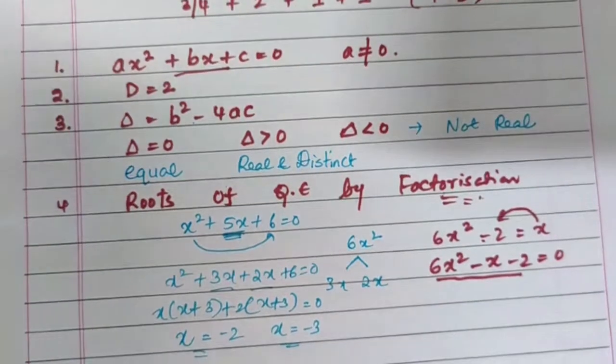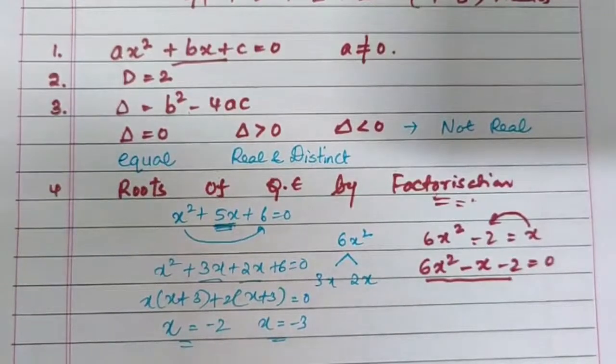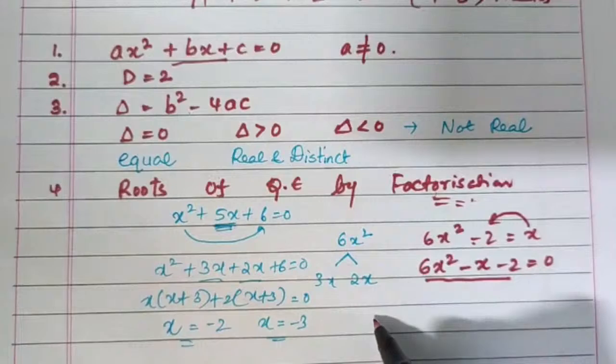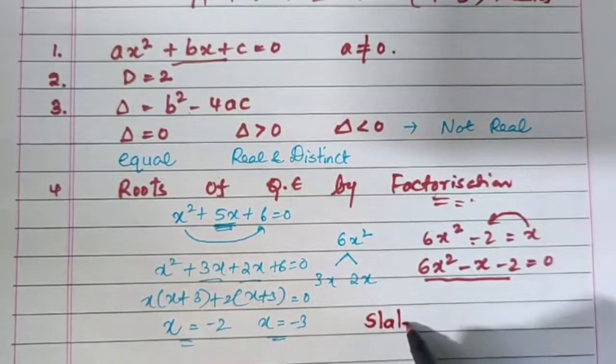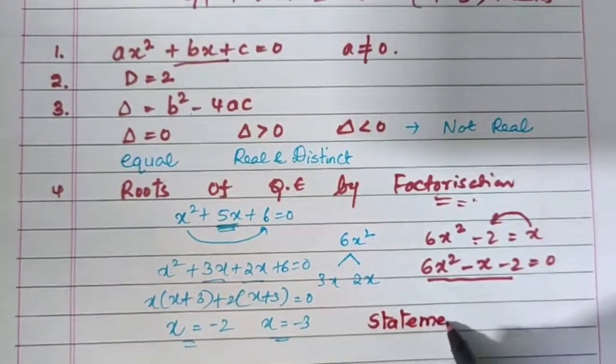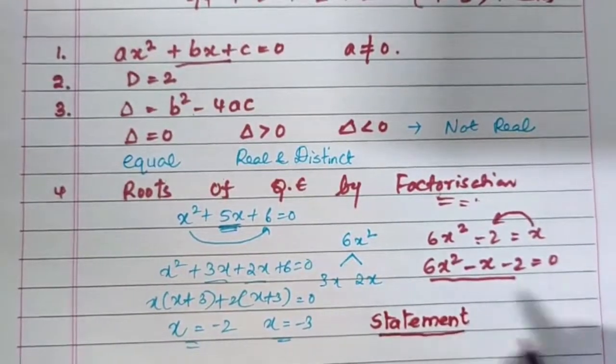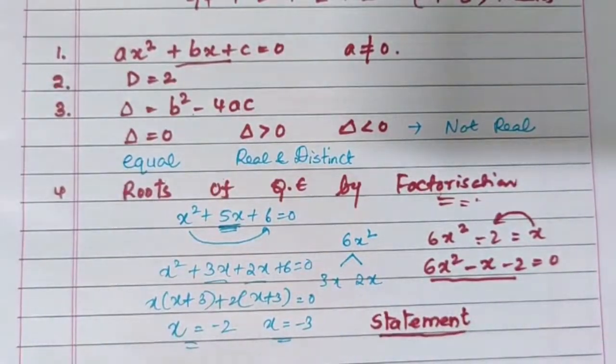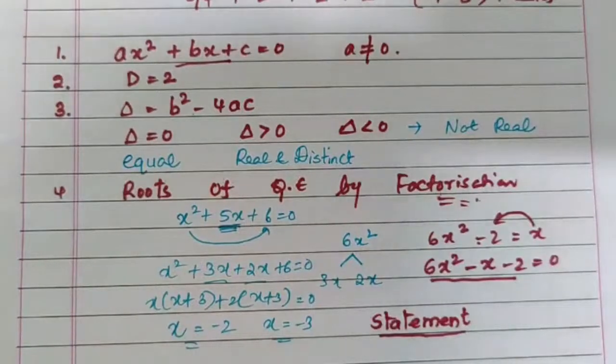From this unit, you can expect a 3 or 4 mark statement based problem. I suggest you solve all the statement problems from the examples and the exercise in the textbook.